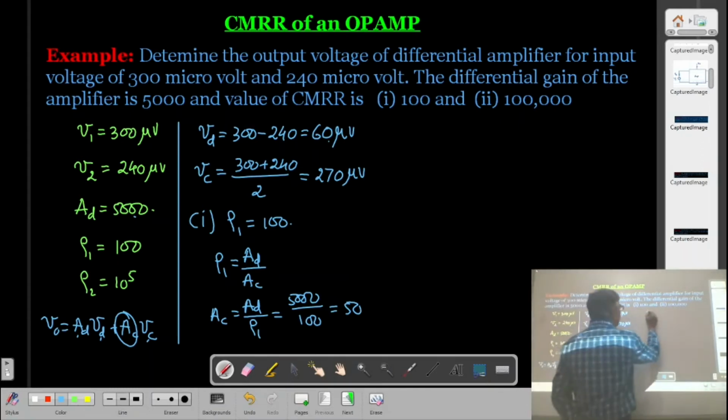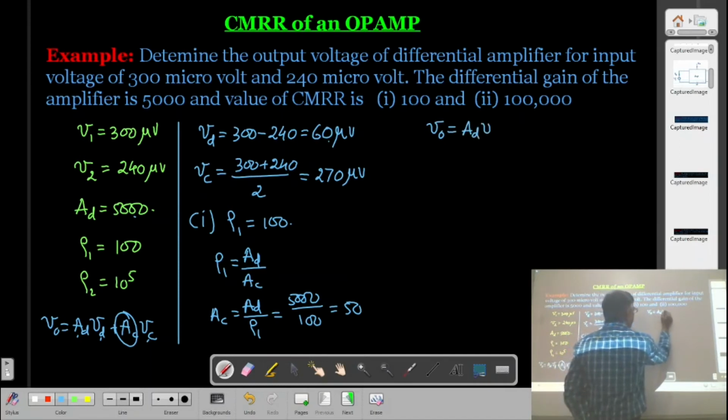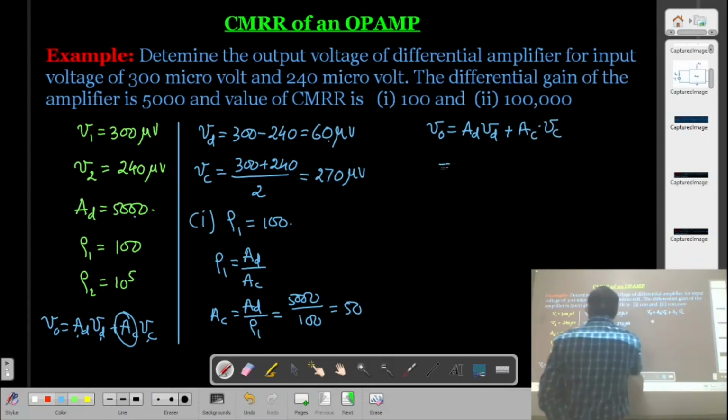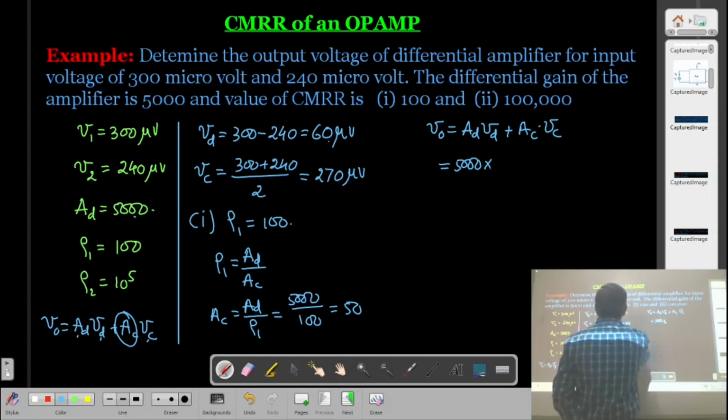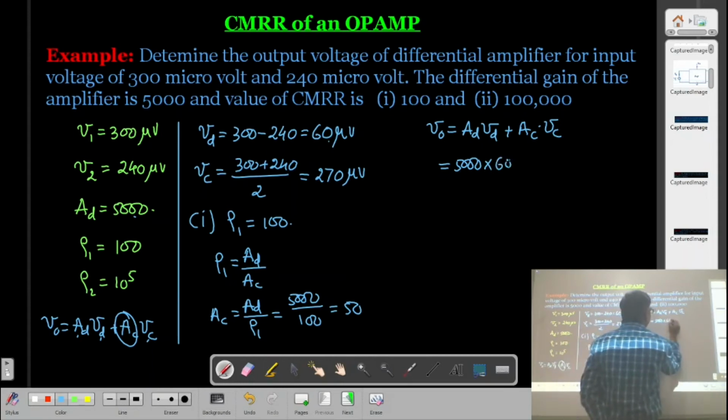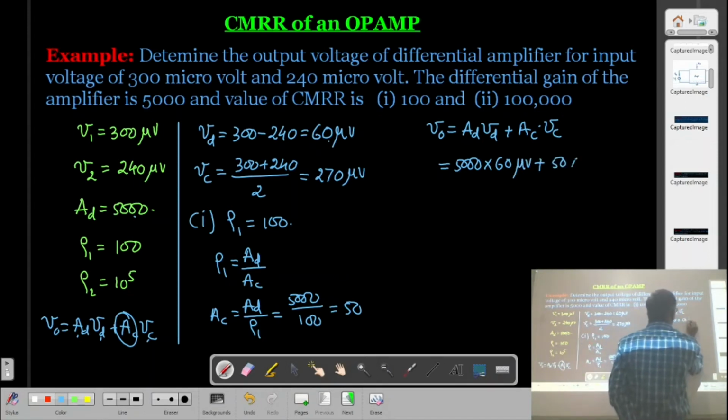So the output voltage, now we can write as AD into VD plus AC into VC. AD is 5000 multiplied by the differential input voltage of 60 microvolt, plus AC is 50 and the common mode signal is 270 microvolt.